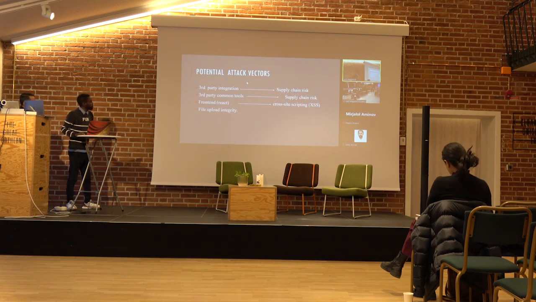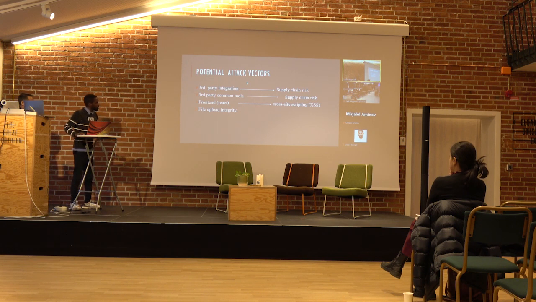The third objective was the potential attack vectors into their system. Like I said initially, they are working with third-party integrations like startups and companies, and they have third-party common tools. Using third-party integrations and third-party common tools is prone to supply chain risk.